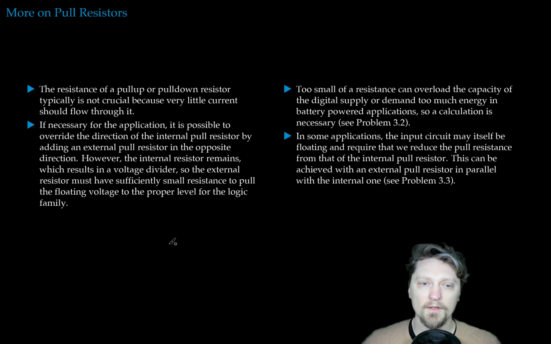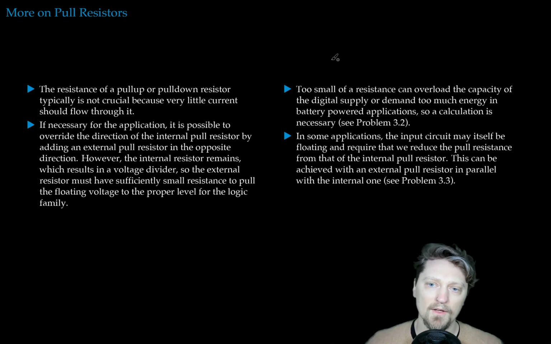So the external resistor must have sufficiently small resistance to pull the floating voltage to the proper level for the logic family. Too small of a resistance can overload the capacity of the digital supply or demand too much energy in battery-powered applications.